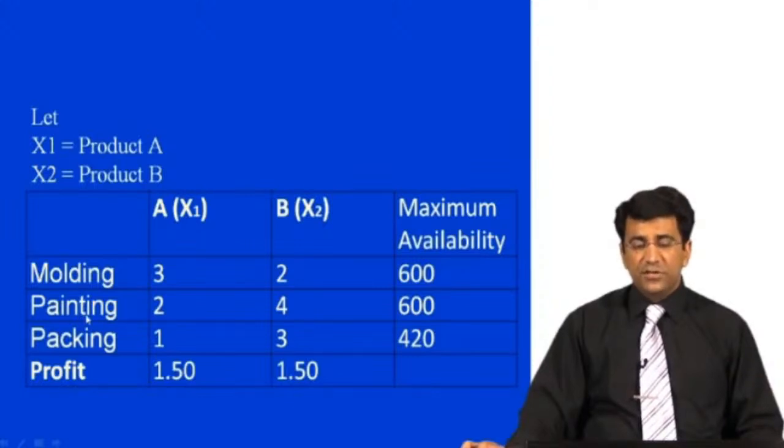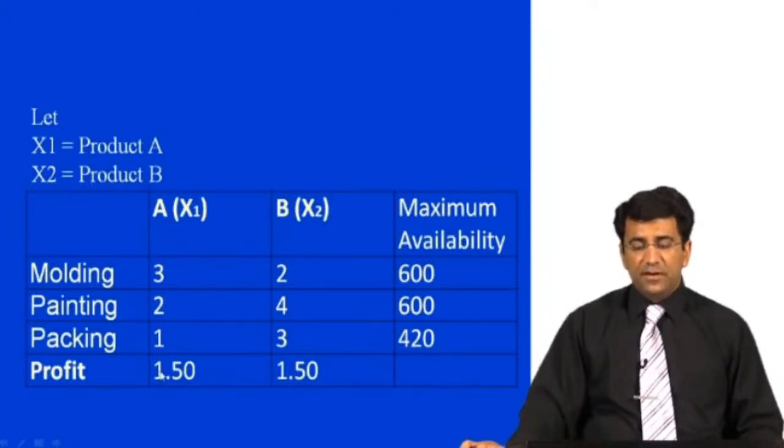The second constraint is related to painting, that is 2 minutes are taken by product A for painting, and 4 minutes are taken by product B, and the total painting time available is 600 minutes. In case of packaging, product A takes 1 minute, product B takes 3 minutes, and the total packaging time available is 420 minutes.